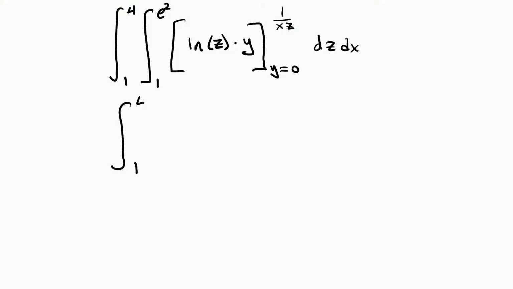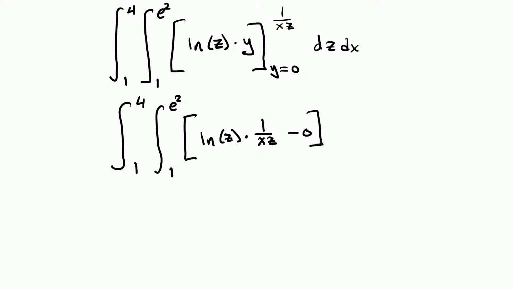I know you all know how to do that. From 1 to e squared, we have natural log of z times 1 over xz minus 0. Now we come to the hard part, but I think we can overcome this.